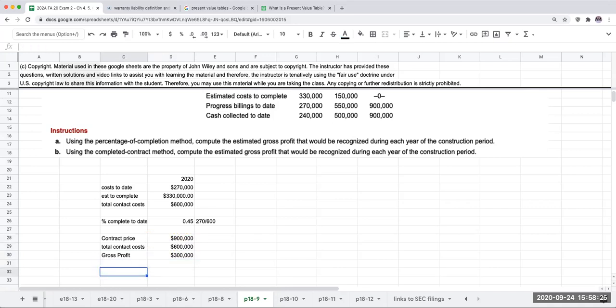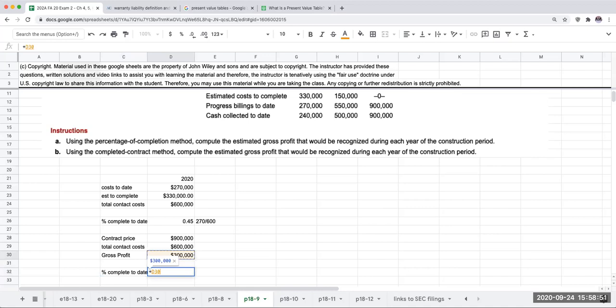So the thought behind percentage of completion is that I can recognize gross profit to the percentage I am complete, with the caveat that I've got to recognize all losses immediately. So with this gross profit, I'm going to take my percent complete to date times the gross profit.